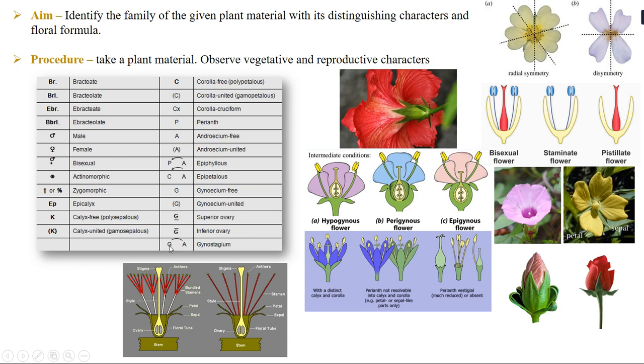This shows that the androecium and the gynoecium are fused to each other. Okay, so these are certain terminologies that we use for writing the distinguishing characters of certain plant material in a floral formula. Okay, now let us move to the plant material that we are studying for this experiment.